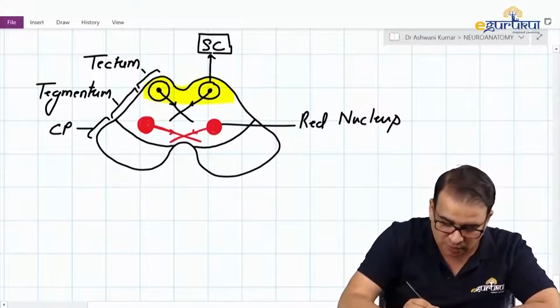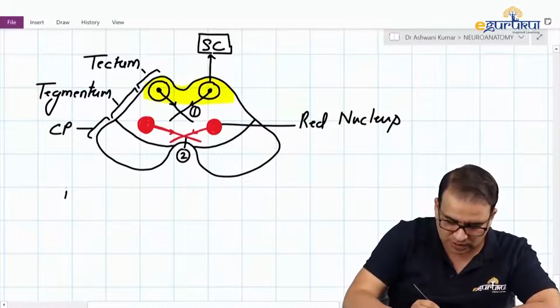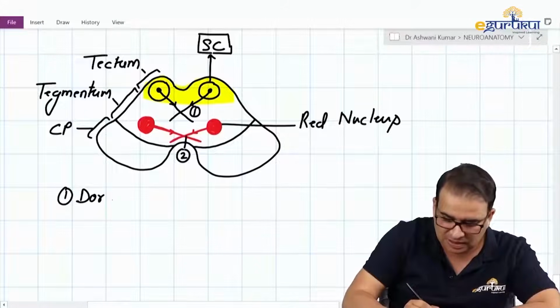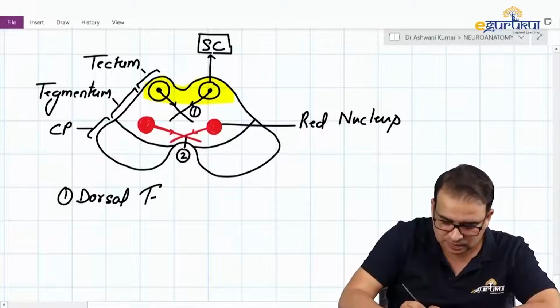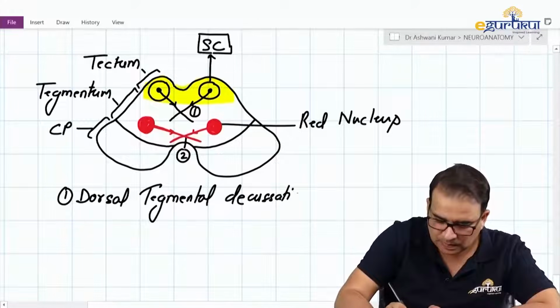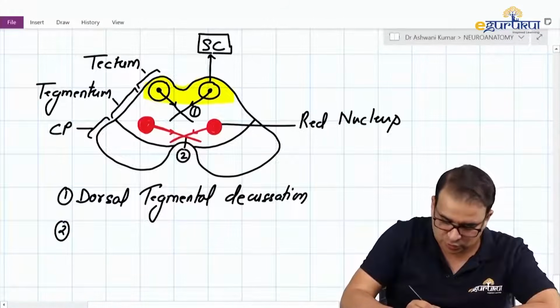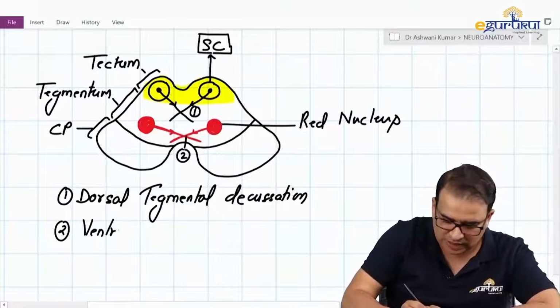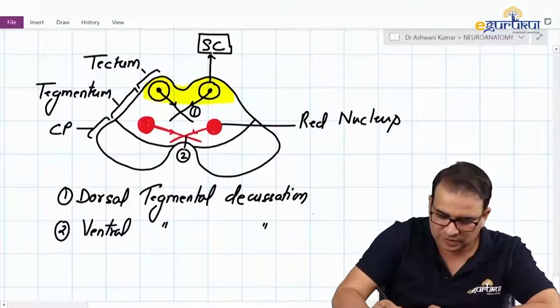If I give this number 1 and this number 2, then 1 is the dorsal tegmental decussation, and number 2 is ventral. It is present more anteriorly, so that's the ventral tegmental decussation.